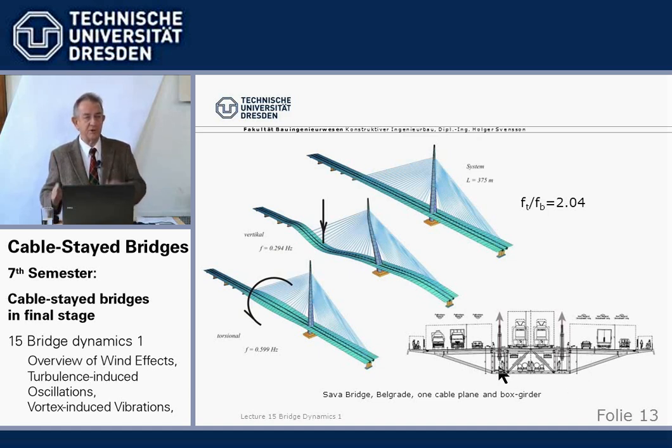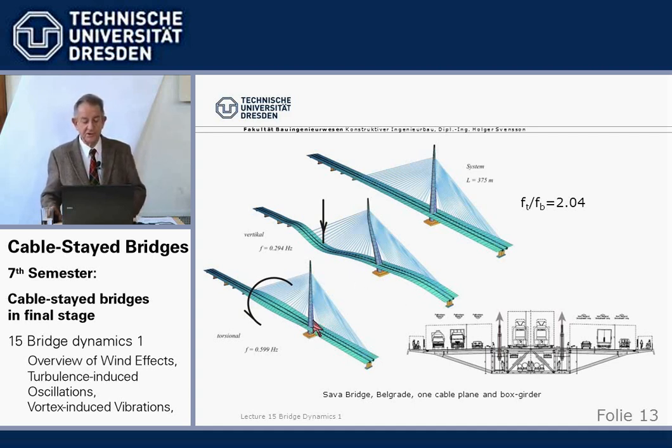That means that where we can have an open cross-section with virtually no torsional stiffness itself for 2 cable planes, where the force couple in the 2 cable planes prevents rotating of the beam, here we need a closed box, which we have here, and the torsional frequency is virtually independent of the stay cables, because the stay cables act in the middle and they are not strained at all.